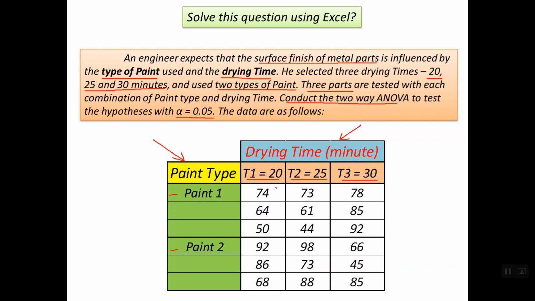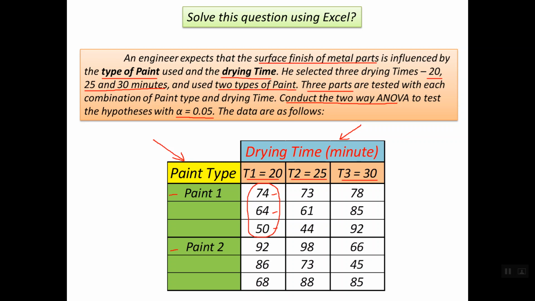Regarding the records, for example, let's understand this record in the combination of paint 1 and drying time 1. So we have 3 observations here. After using paint number 1 and the drying time 20 minutes, we measure the surface finish for the metal parts. For the first part it is 74, while for the second one it is 64, and for the third part it is 50.